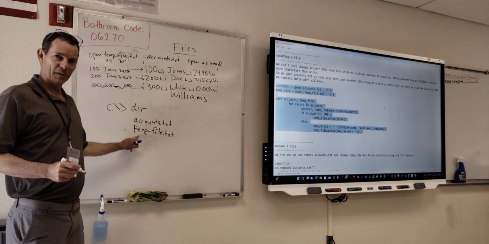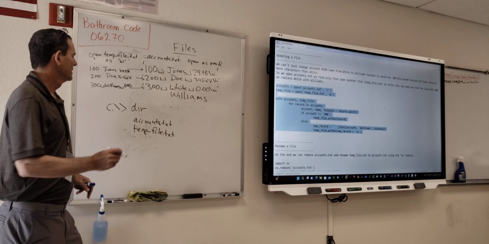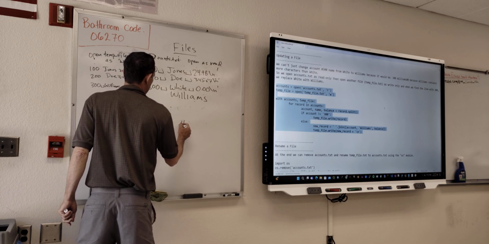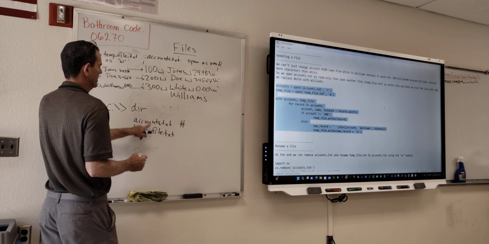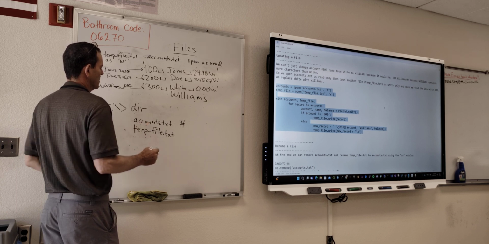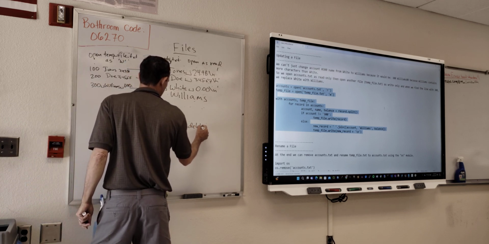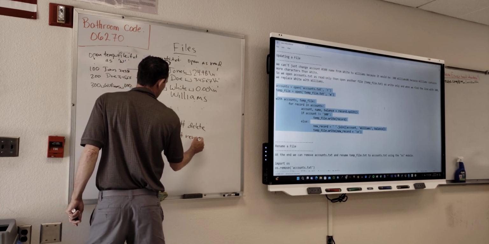There's a couple steps here. So, anybody have any ideas? I want the contents of this file into this file. So, I need to delete this one and rename this one.